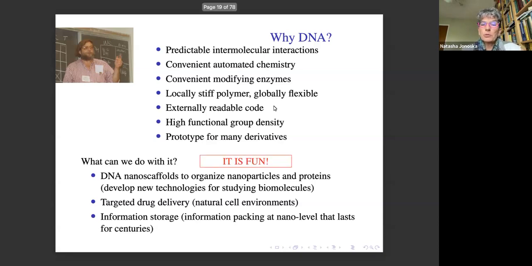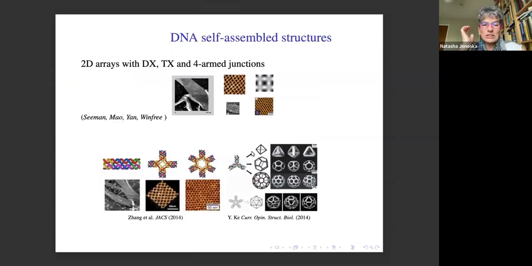And for me, it's fun. We just do it as part of our studies, and I guess all our research is supposed to be fun, right? So these are several examples of what has been done.